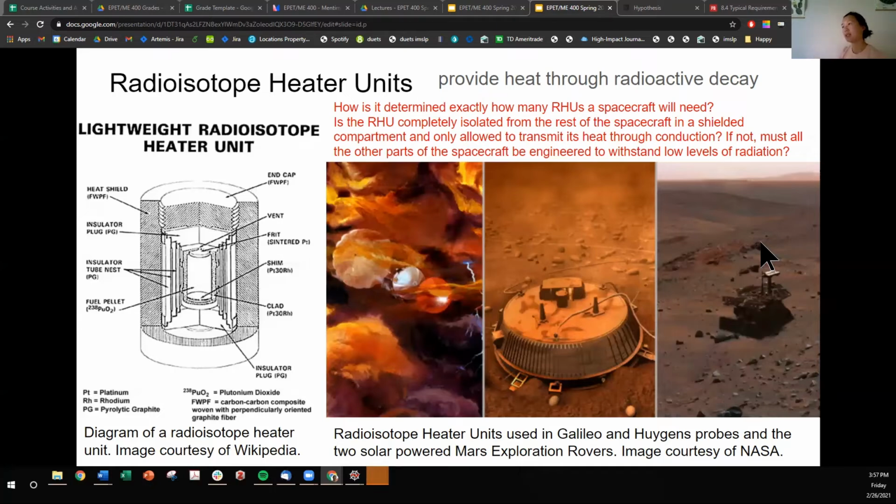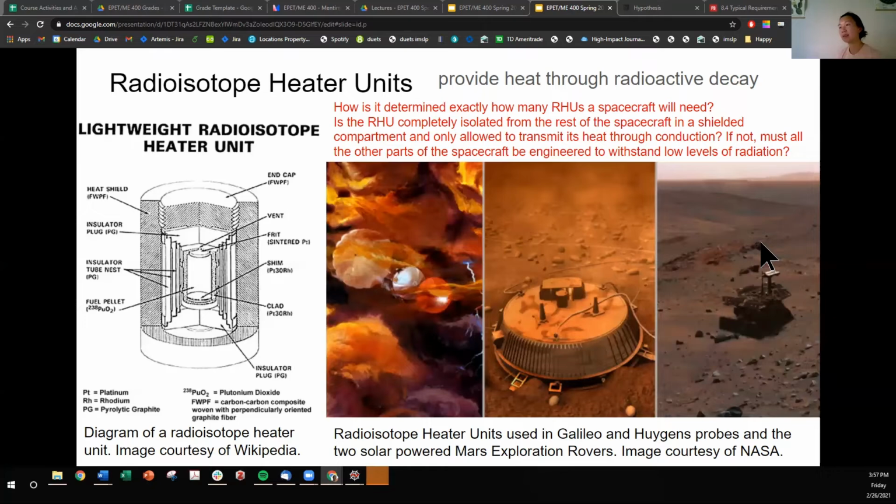The next question: is the RHU completely isolated from the rest of the spacecraft in a shielded compartment and only allowed to transmit its heat through conduction? If not, must all the other parts of the spacecraft be engineered to withstand low levels of radiation? It's actually a good question that I did not look up because it's more nuanced.